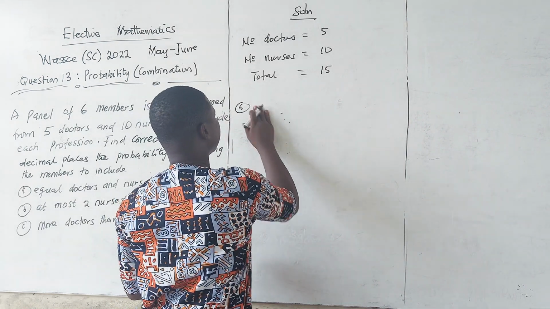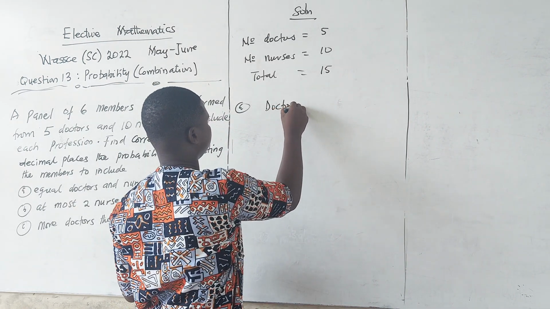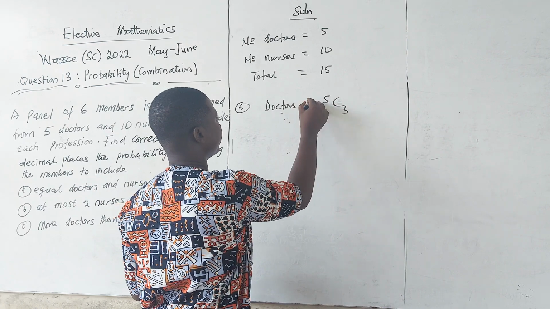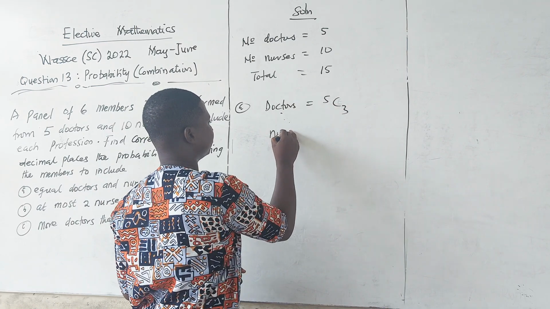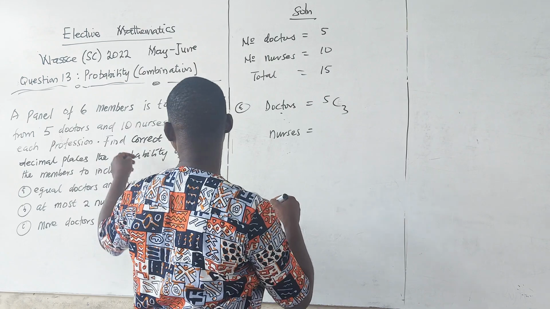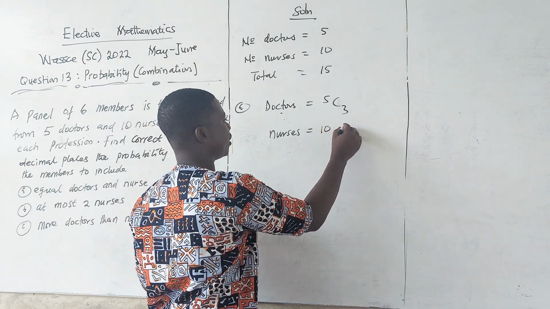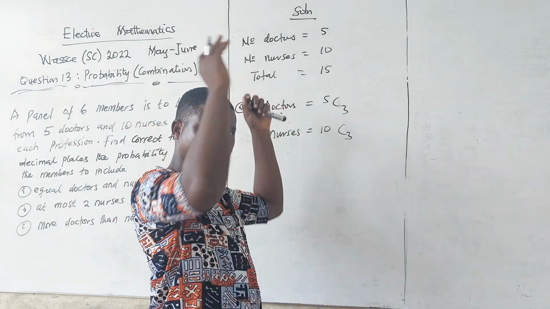5, we are choosing 3. Then we look at the nurses. The nurses are 10, and you are supposed to choose 3 out of the total.